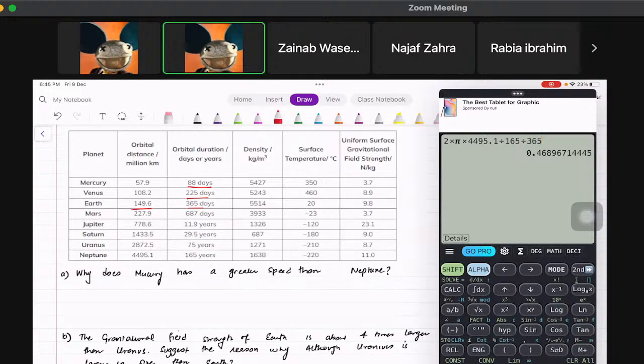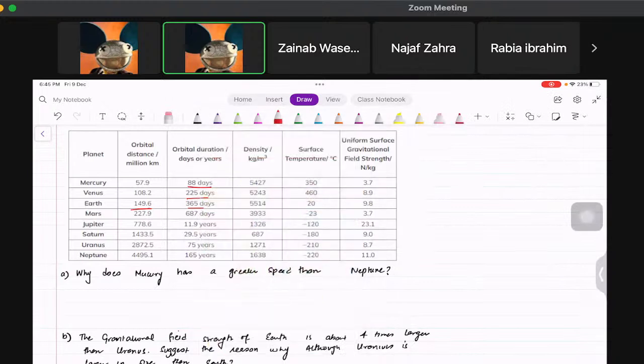Why? Because Neptune is farther away, it also has less gravitational pull of the sun. Hence, its speed is less.